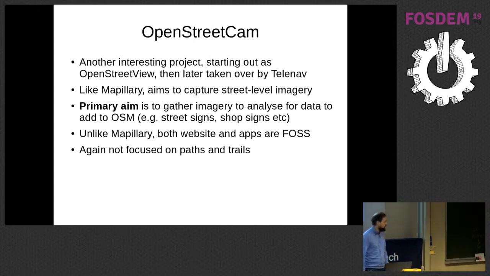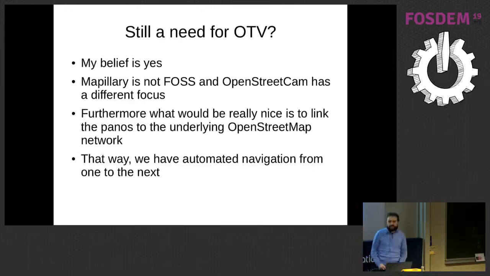Okay, so is there still a need for OpenTrailView? I would say yes, because it's doing something slightly different to both Mapillary and OpenStreetCam. And another thing that I thought would be really nice is, obviously in Street View, you can navigate from one photo to another. That's obviously one of the key things about Street View.